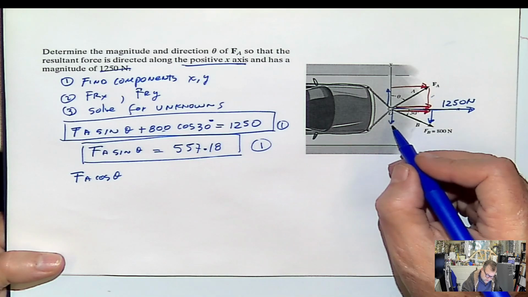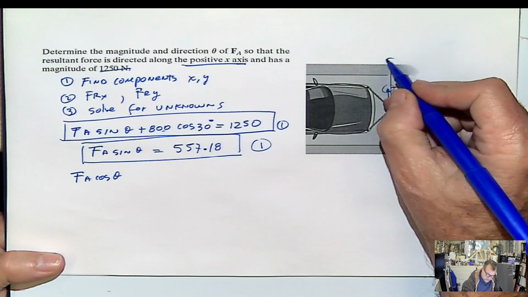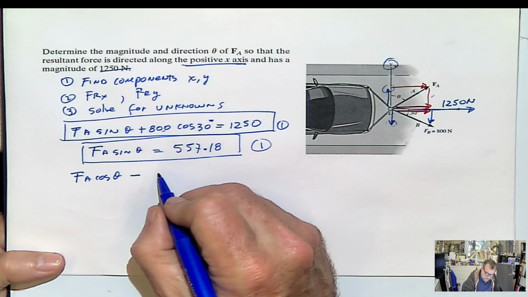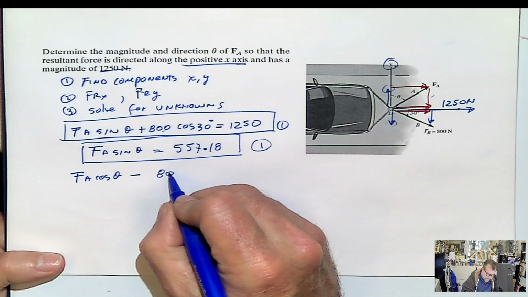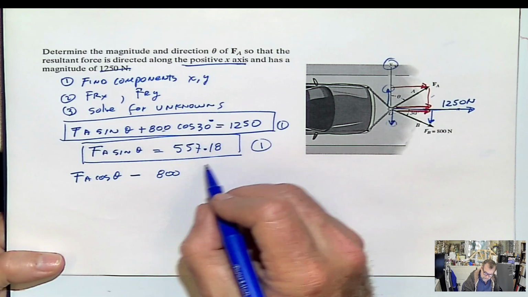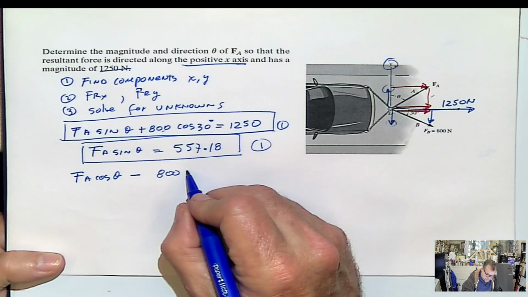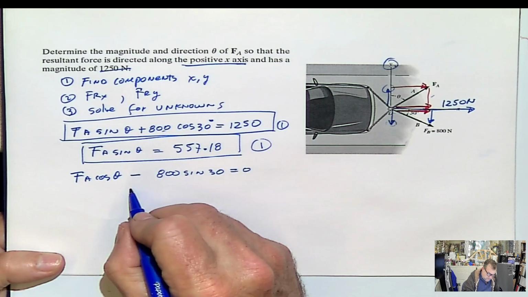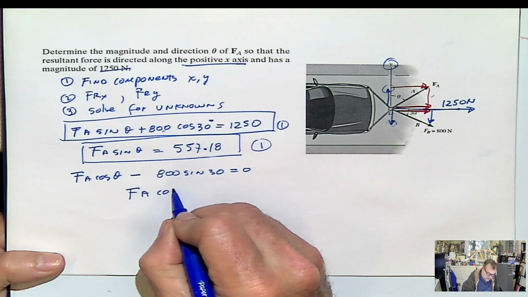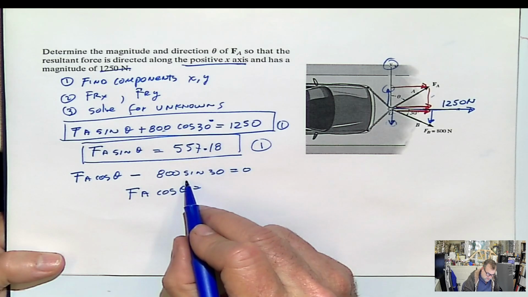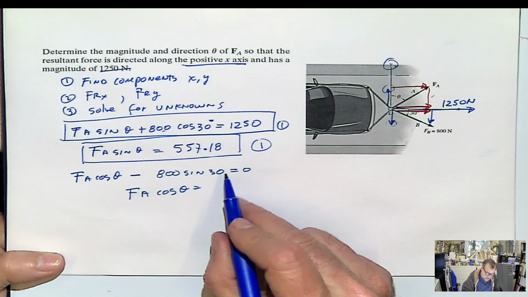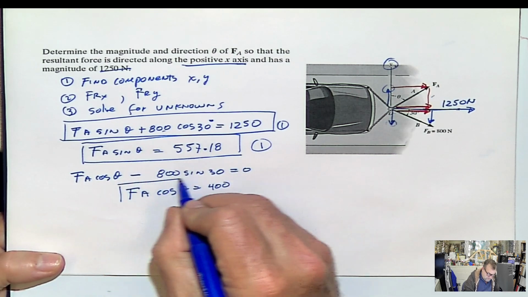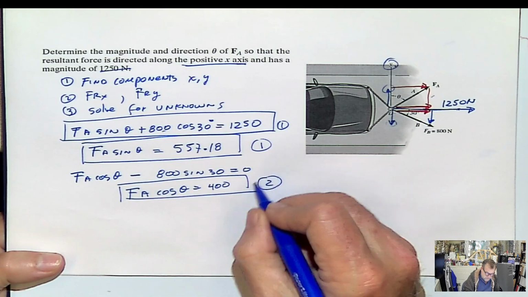But keep in mind, positive, pointing upward, negative, pointing downward. So minus 800 sine 30 equals 0. So I can say FA cosine of the angle equals 800 sine 30, meaning 400. And that will be equation 2.